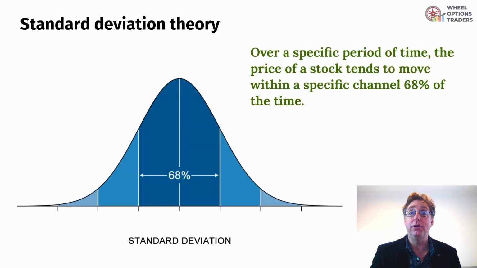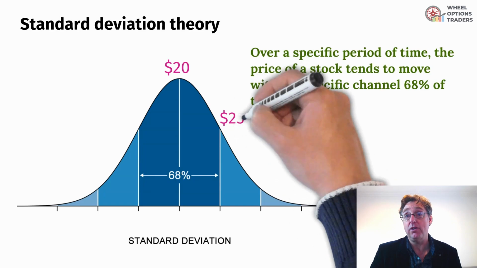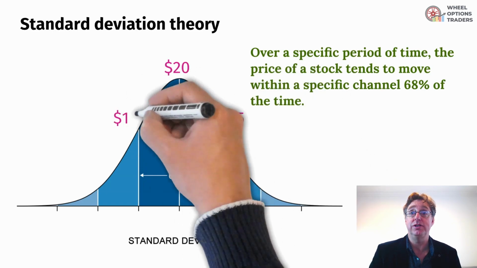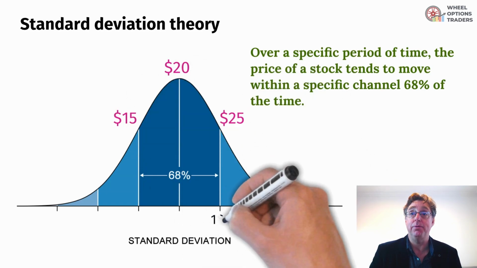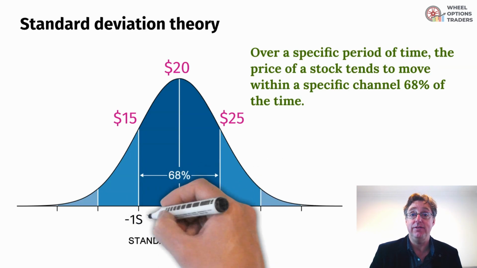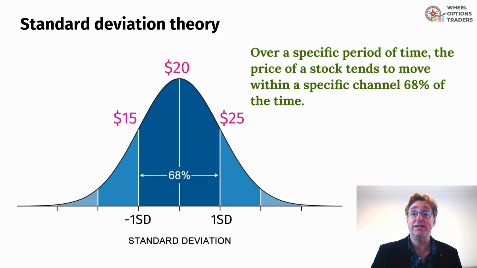So let's say we were looking at a $20 stock and it moves either up or down $5, to $25 up or $15 down. That move happens at one standard deviation point, which means that 68% of the time the price of that stock is going to be between $15 and $25.